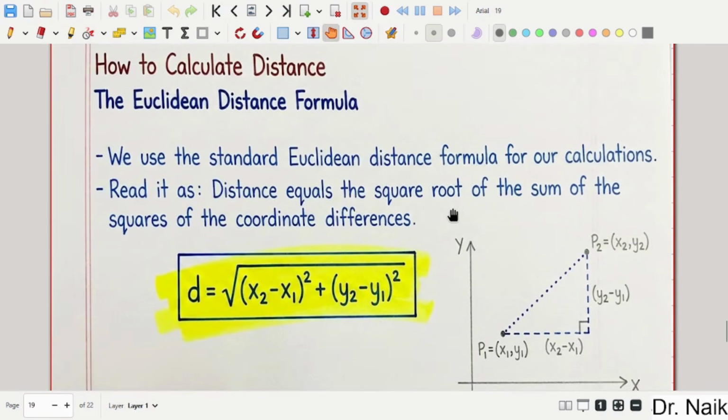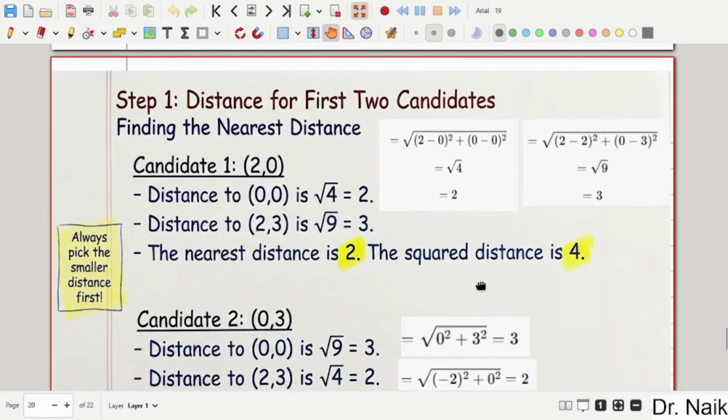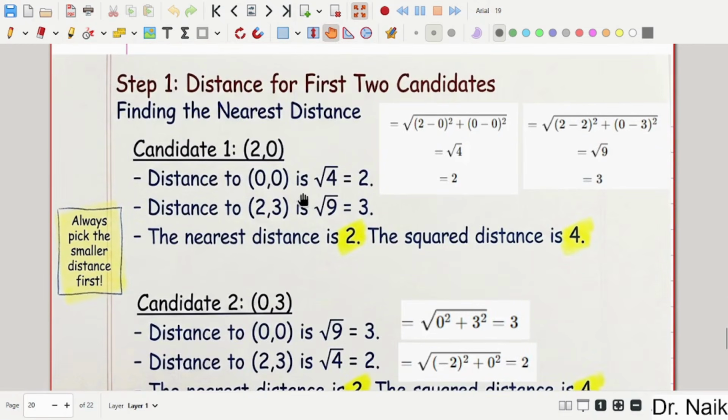How to calculate the distance? We will calculate the distance by using the Euclidean distance formula: d is equal to the square root of (x2 minus x1) squared plus (y2 minus y1) squared. Now calculate the distance for the first candidate, (2, 0).